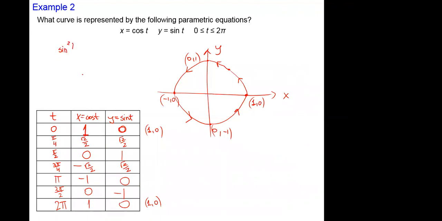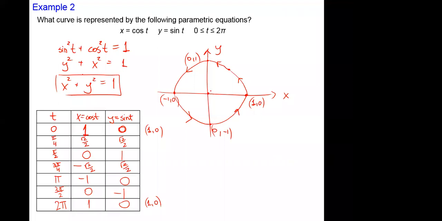Do you remember, sine square of t plus cosine square of t is equal to 1. And sine of t is defined as y, cosine of t is defined as x. And I can just switch the order, and this makes sense. x squared plus y squared equals 1, and that's the equation of the circle with center (0, 0) and radius 1.